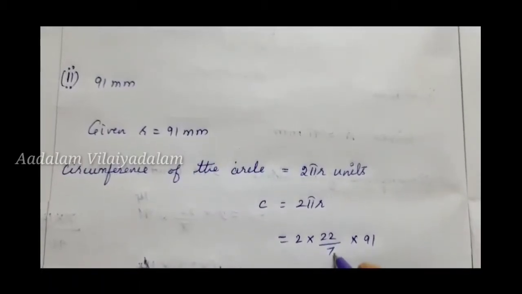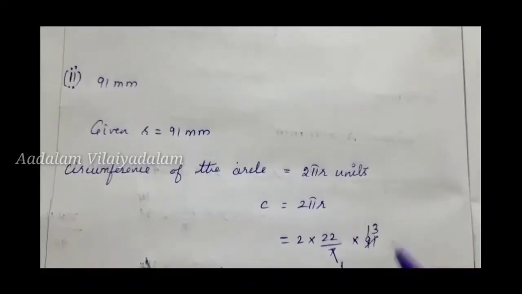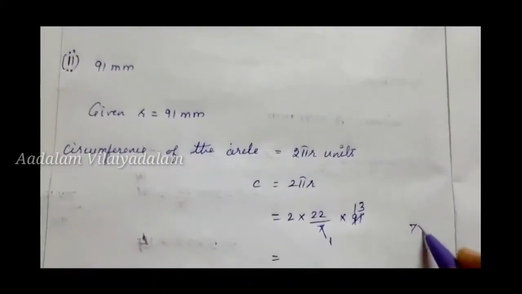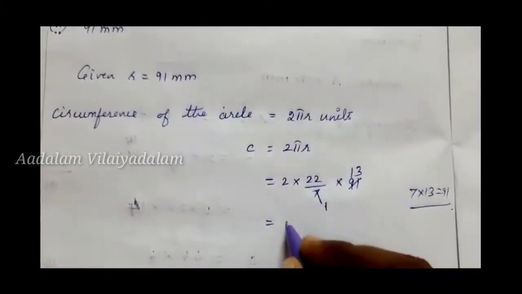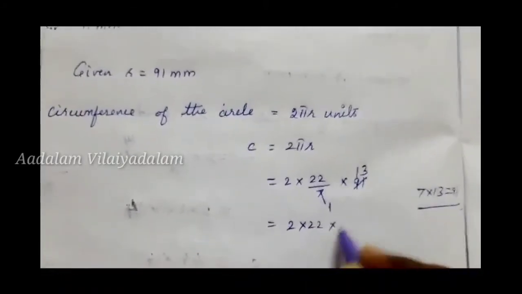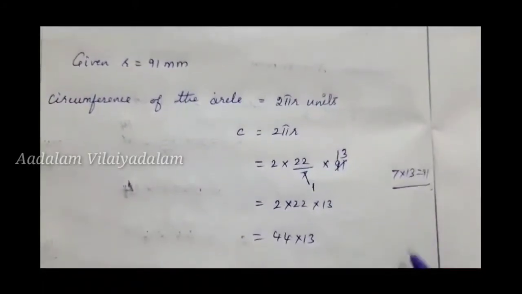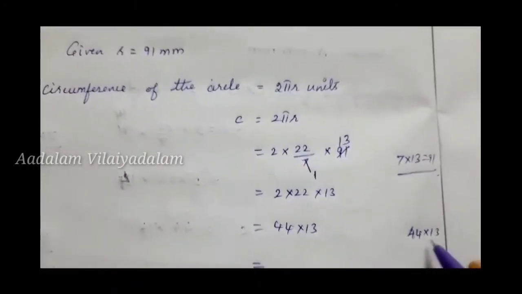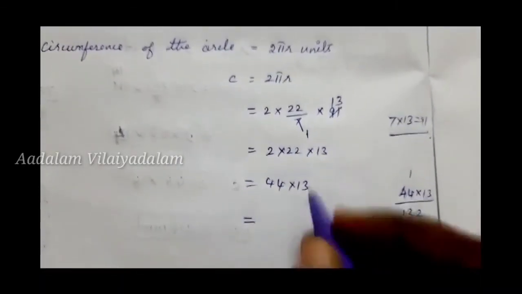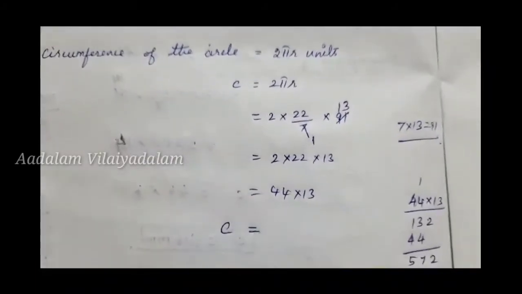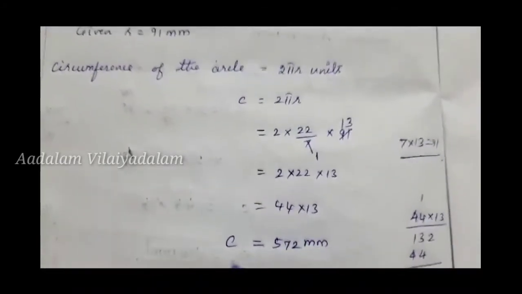Now if we repeat the 7 table, 7 ones are 7 and then 7 13s are 91. So the remaining values are 2 into 22 into 13, which means 44 into 13. So product of 44 into 13 we get 572. Therefore, circumference of the circle is 572 millimeter.